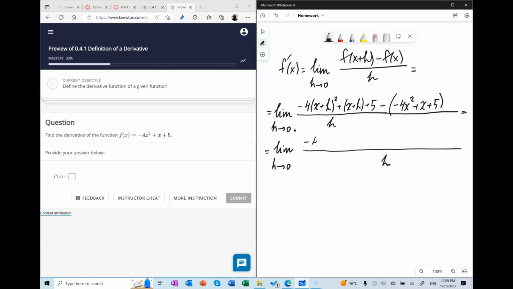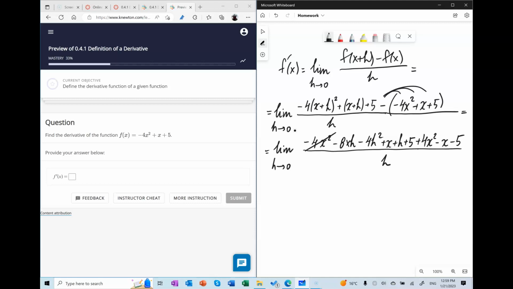So here we have negative 4x squared minus 8xh minus 4h squared plus x plus h plus 5. And here we have plus 4x squared minus x minus 5. I'm just distributing the negative sign here, here, and here.